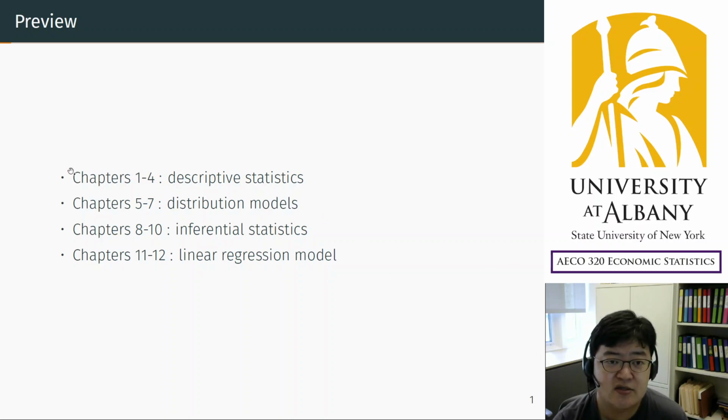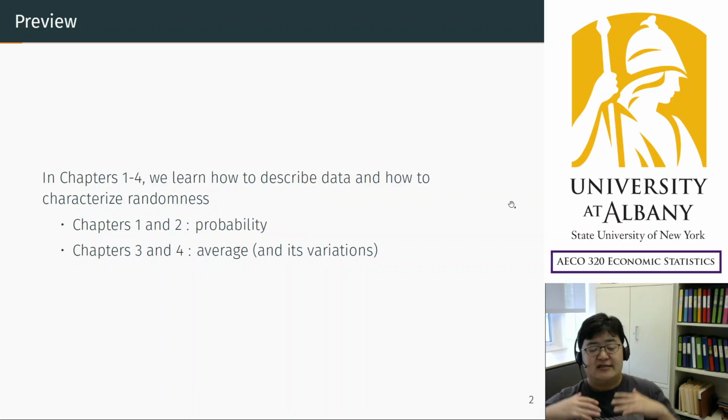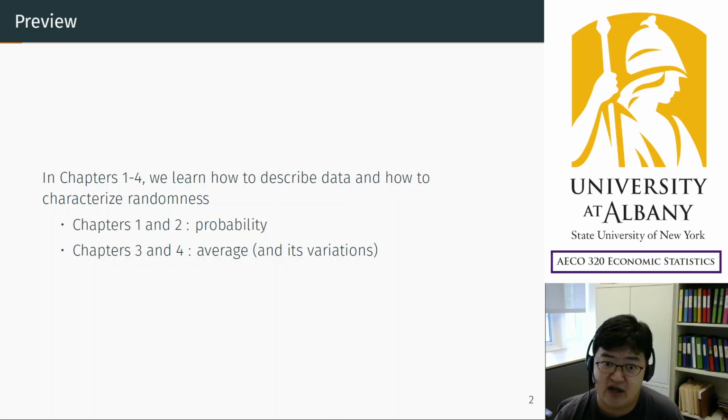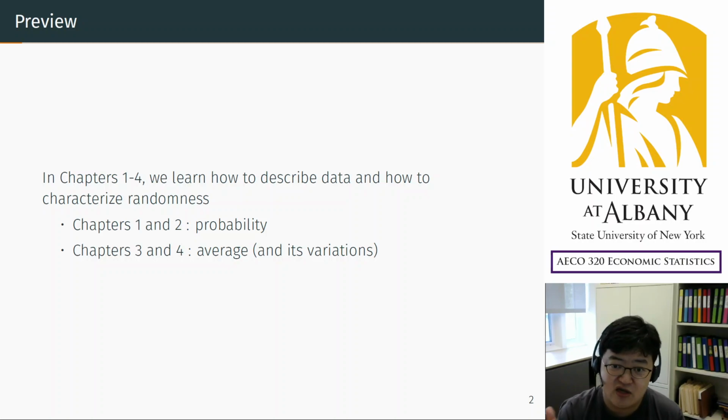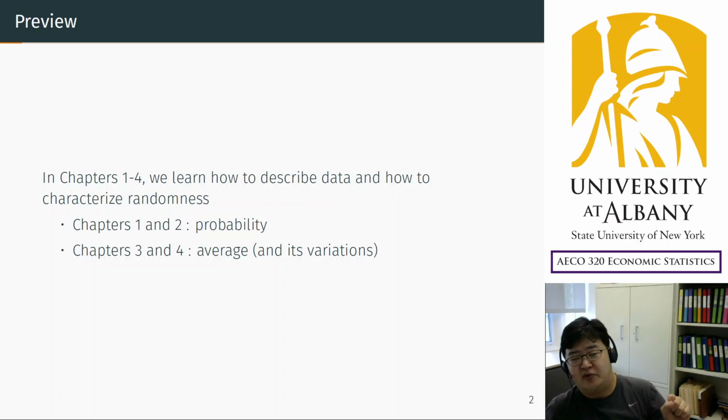Okay, so let's come back to part 1, descriptive statistics. As I said, we learn how to describe data and how to characterize random objects. And simply speaking, there are two major building blocks in any statistics. The first one is the probability, and the other is the average. Exactly, the probability and the average are things that you already know.